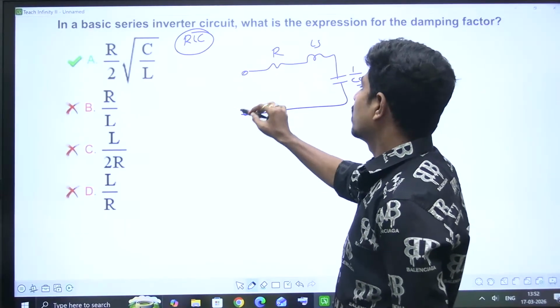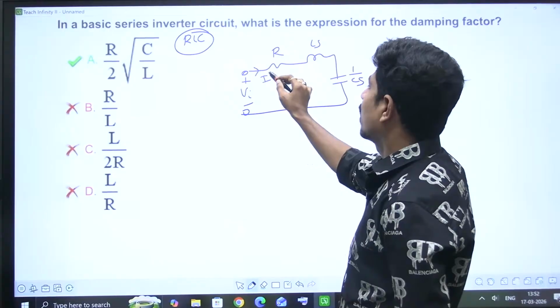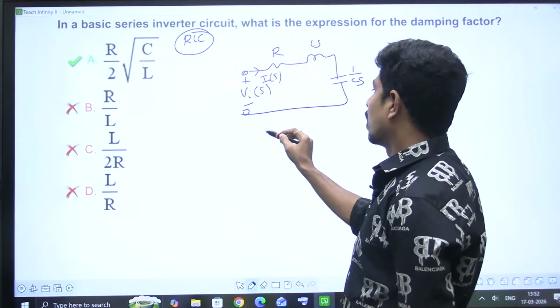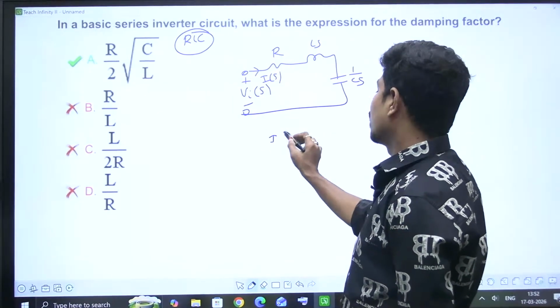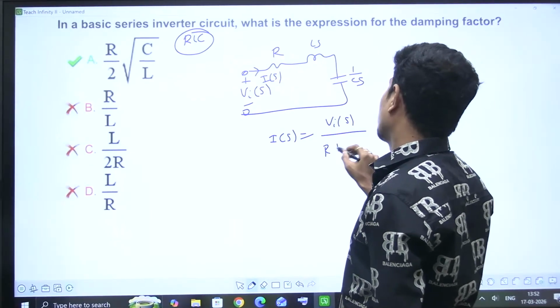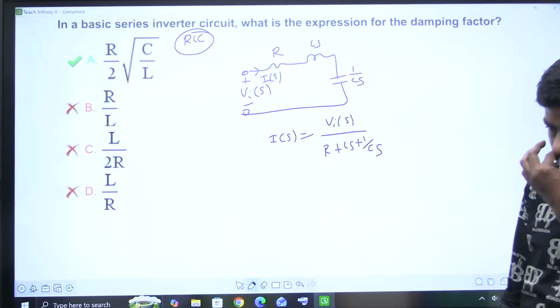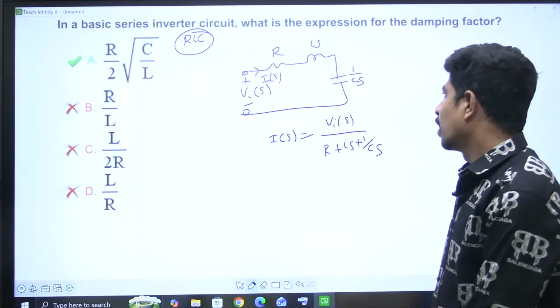Finding the current to voltage ratio I of S by V of S, current equals voltage divided by R plus LS plus 1 by CS, by Ohm's law.